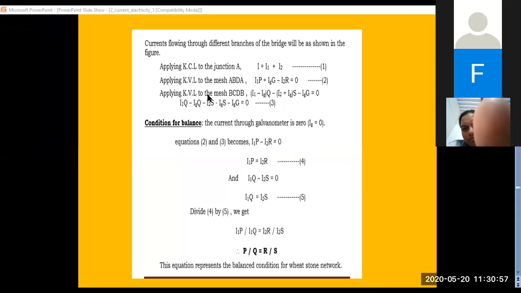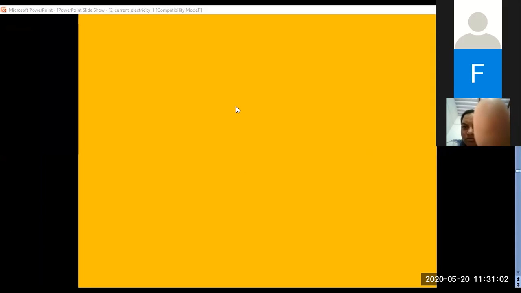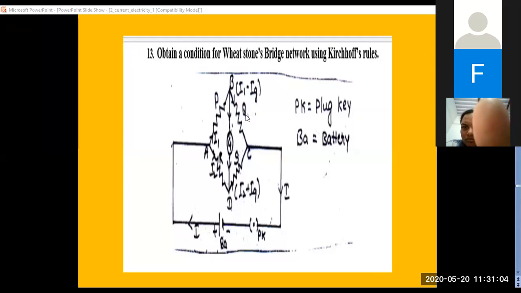Now when you apply Kirchhoff's voltage law to the second side of your mesh, that is towards this side, very clearly, Q into I1 minus IG, S into I2 plus IG, IG into G should be equal to 0. Check your direction. This is positive, this is negative, and IG again is negative.